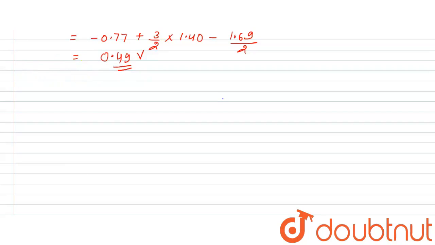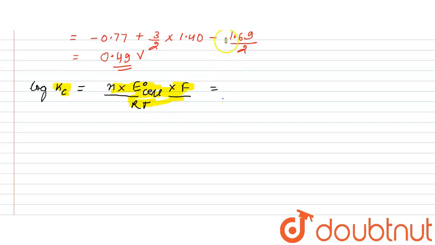Now we all know this relation: log of Kc, that is the log of the equilibrium constant, is n times E naught of cell into F divided by RT. This is the important relation. We should remember that log of Kc equals n times E naught of cell into F by RT in case of equilibrium.